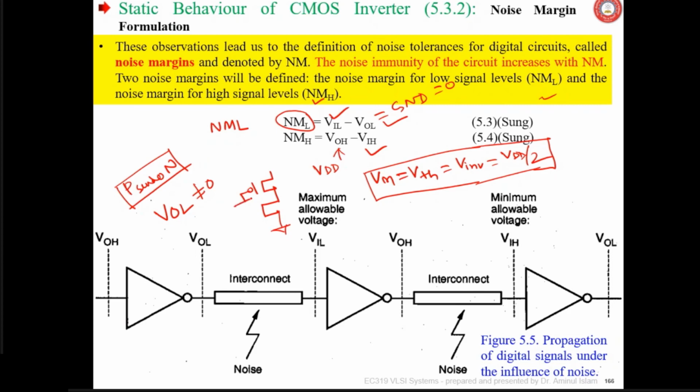The PMOS is permanently grounded, so it is always on. Here is the input, and here is the output. Since the PMOS is permanently grounded, it is always on.